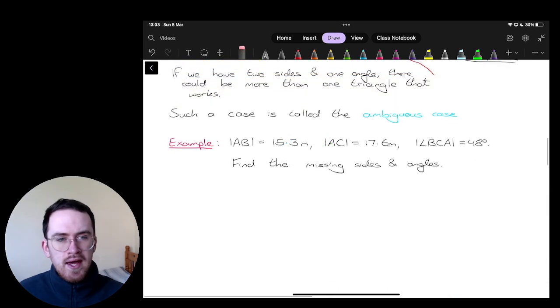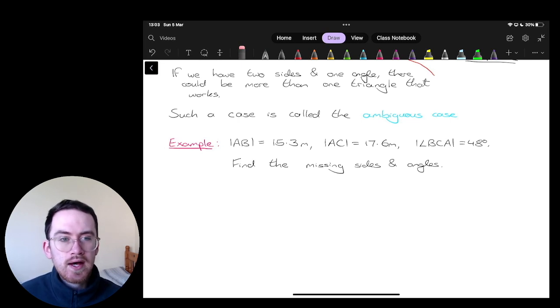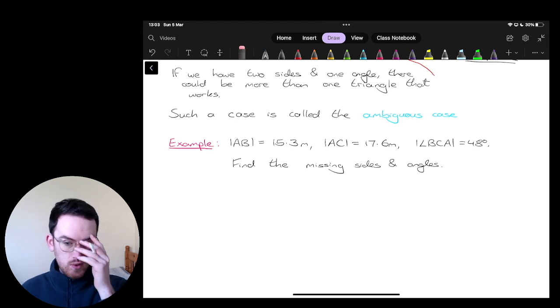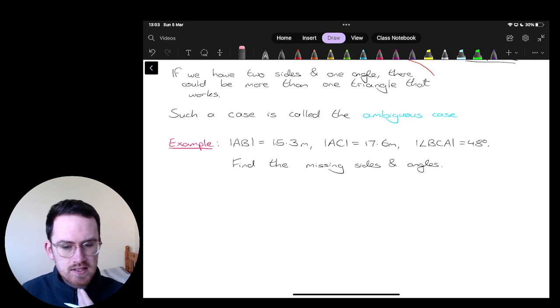Building on what we've seen in that last question, let's look at situations where we do have two possible answers. The name for that type of question is the ambiguous case. The ambiguous case is where we do a question with our sine rule and we result in a sine equation with two possible answers.